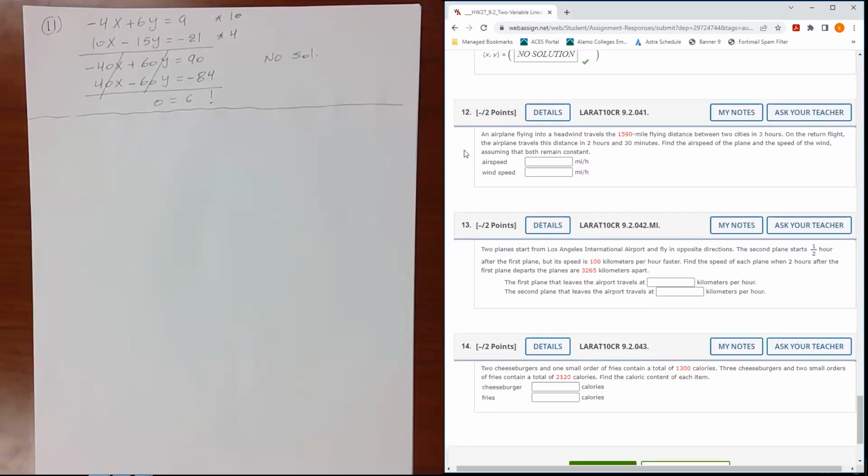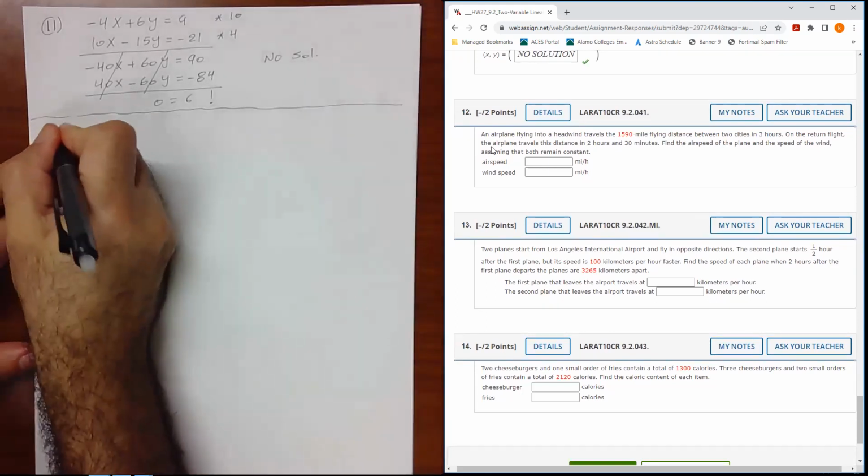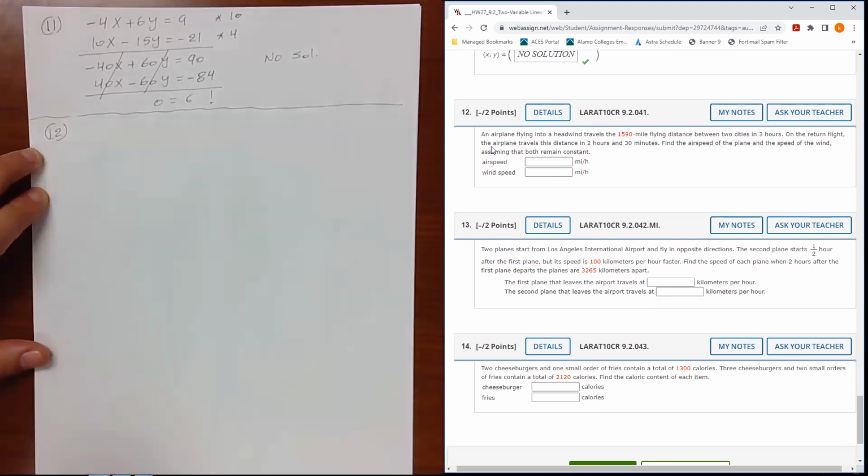Example 12, an airplane flying into the headwind travels the 1590 miles of flying distance between two cities in 3 hours. On the return flight, the airplane travels the distance in 2 hours and 30 minutes.